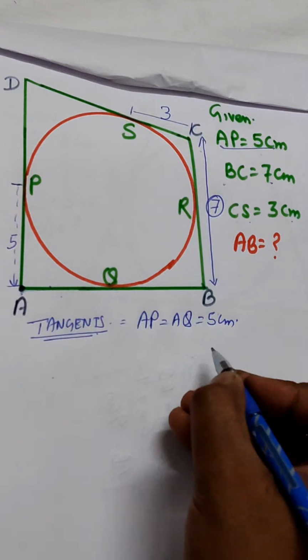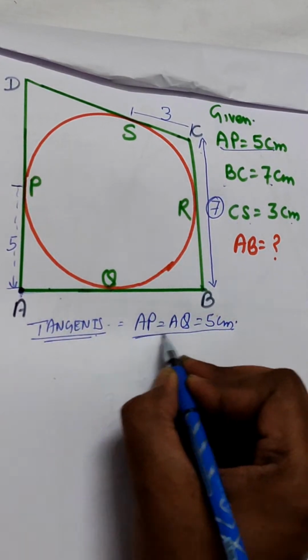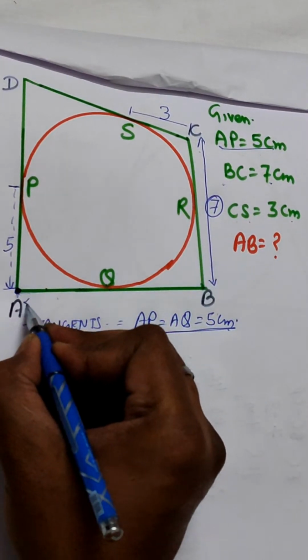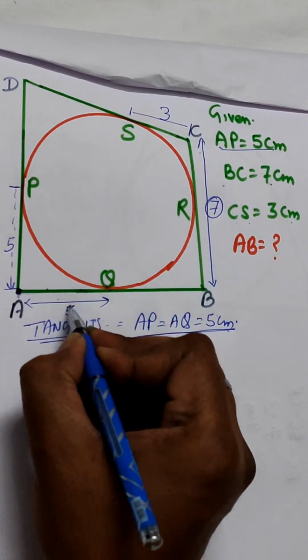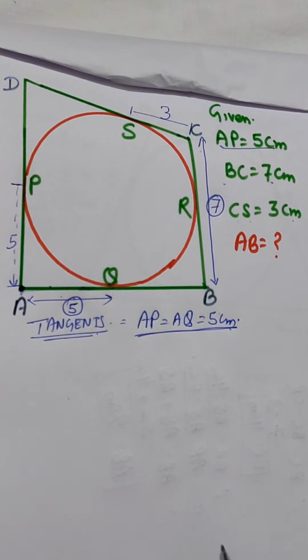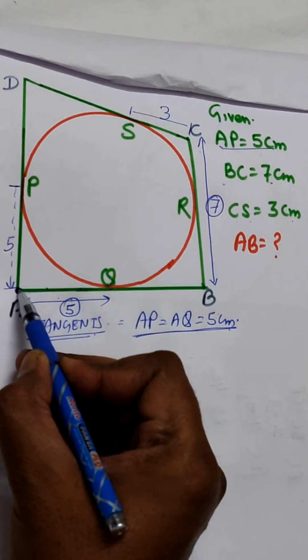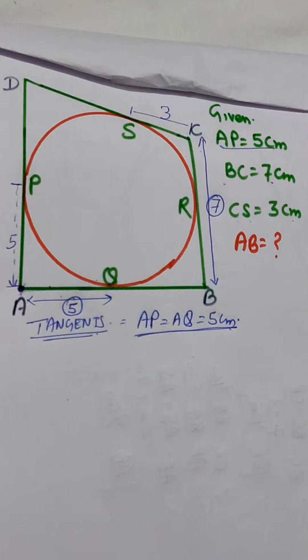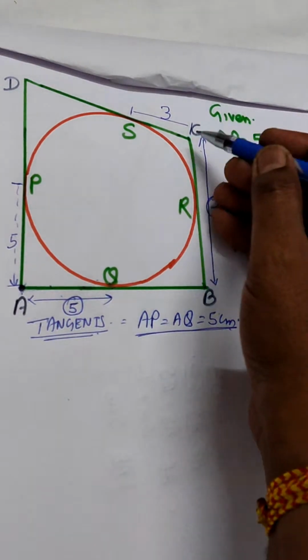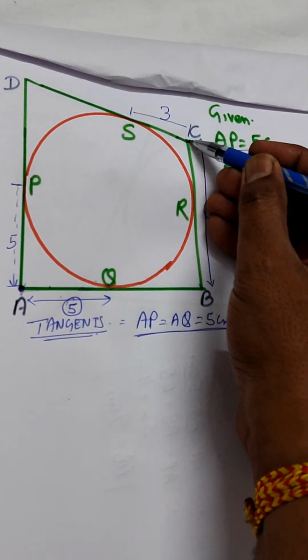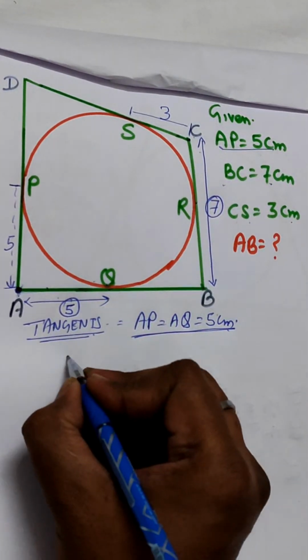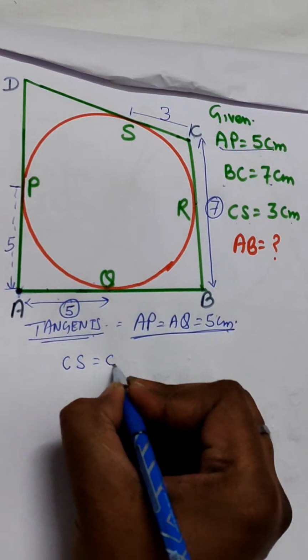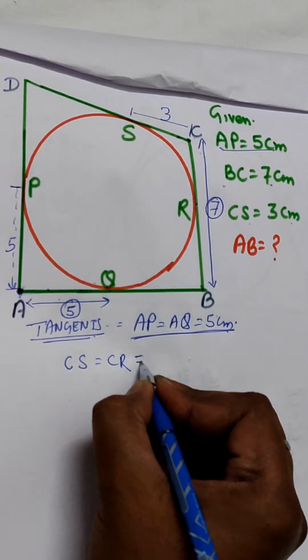Using the same theorem, we will calculate it. So the length from A to Q is 5. It's derived because AQ and AP are tangents drawn from the external point A, right? Similarly, from the point C, you can see CS and CR are tangents. So CS and CR are tangents whose lengths will be equal.